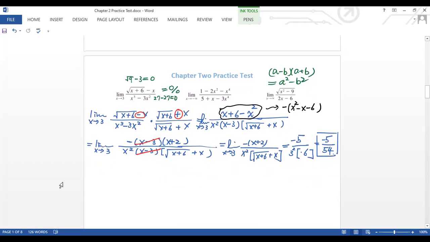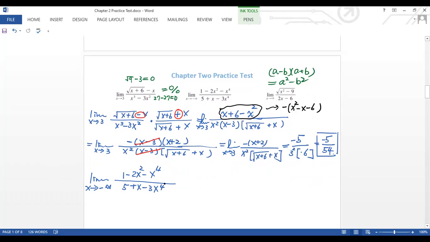Okay, so now the next one here should be pretty easy also. So x approaches negative infinity, right? So this is 1 minus 2x squared minus x to the fourth, over 5 plus x minus 3x to the fourth.